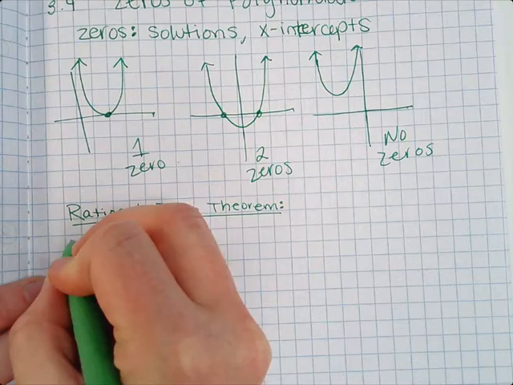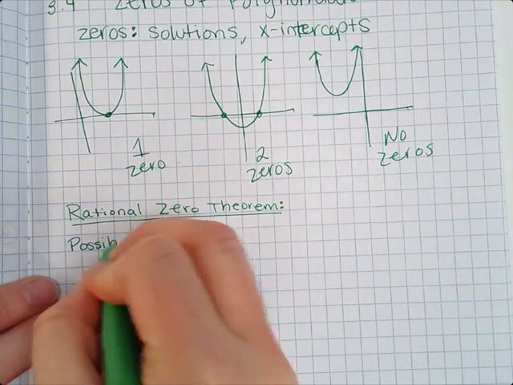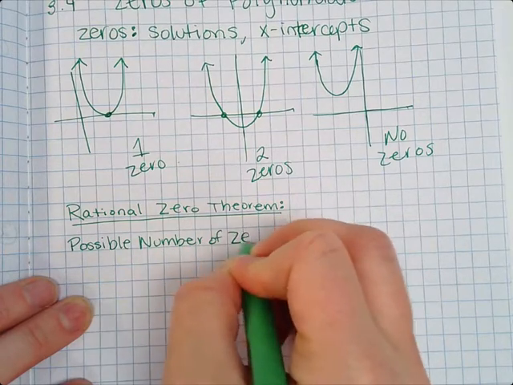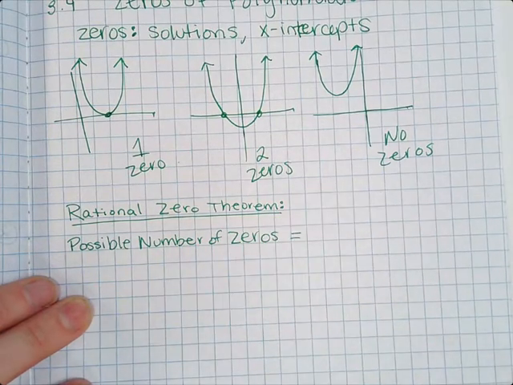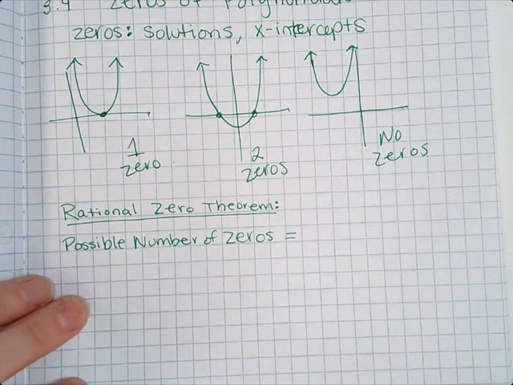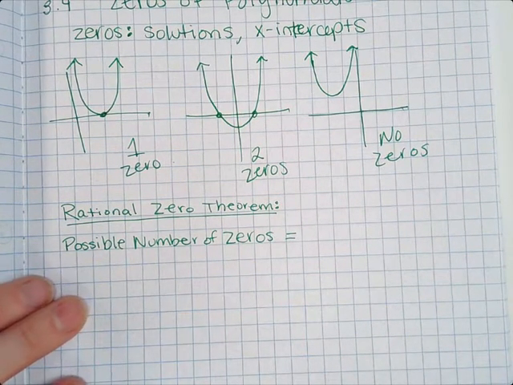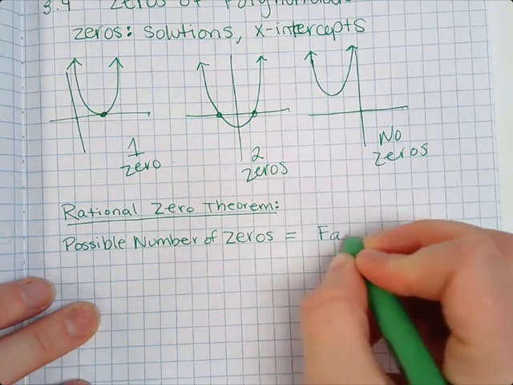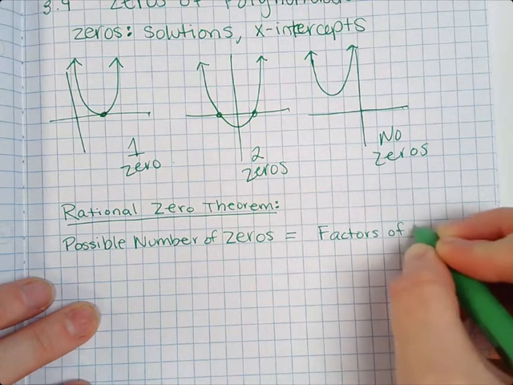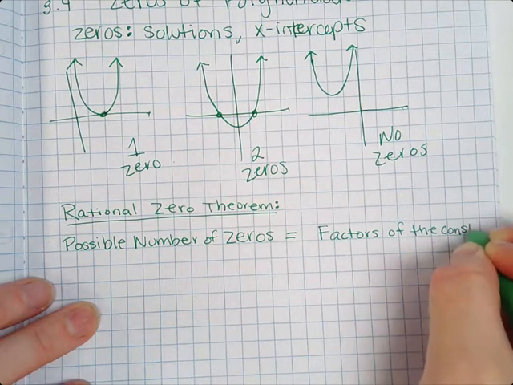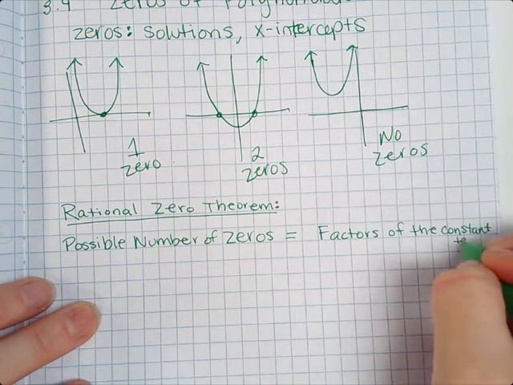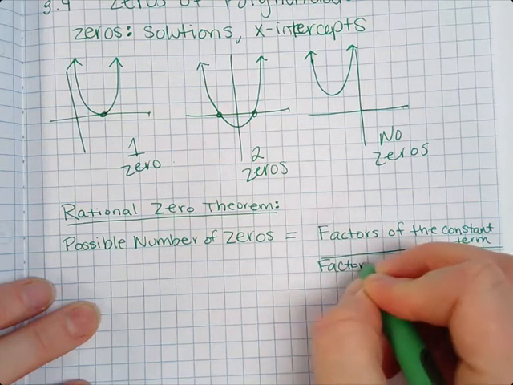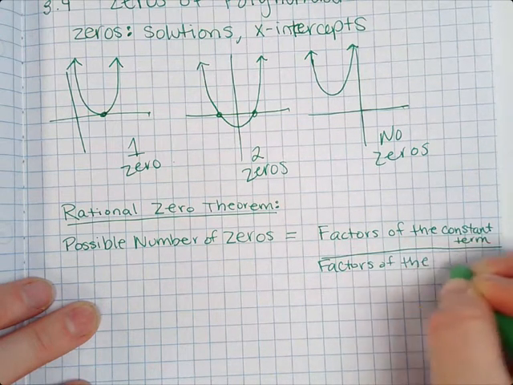So we are going to find out the possible number of zeros is equal to factors of the constant term divided by factors of the leading coefficient.